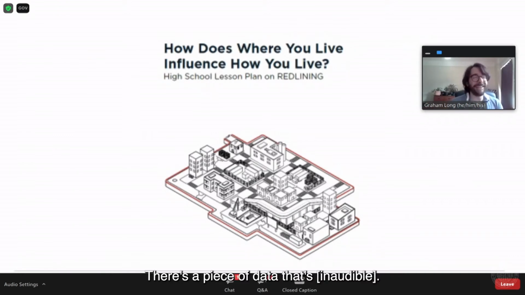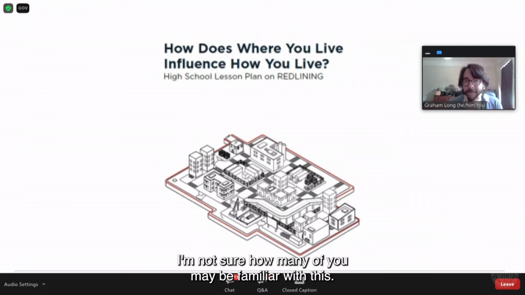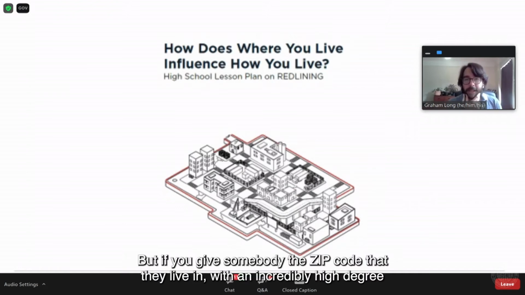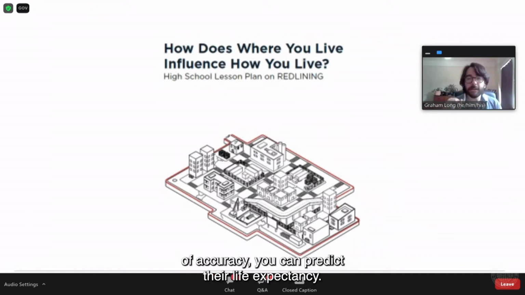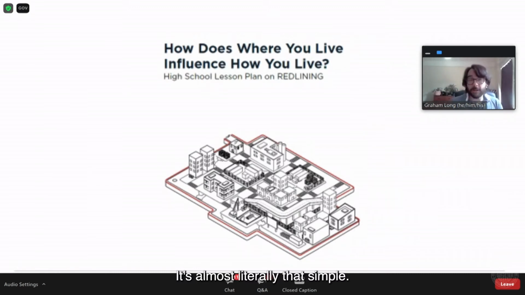There's a piece of data that's stunning. I'm not sure how many of you may be familiar with this, but if you give somebody the zip code that they live in, with an incredibly high degree of accuracy, you can predict their life expectancy. It's almost literally that simple, right?